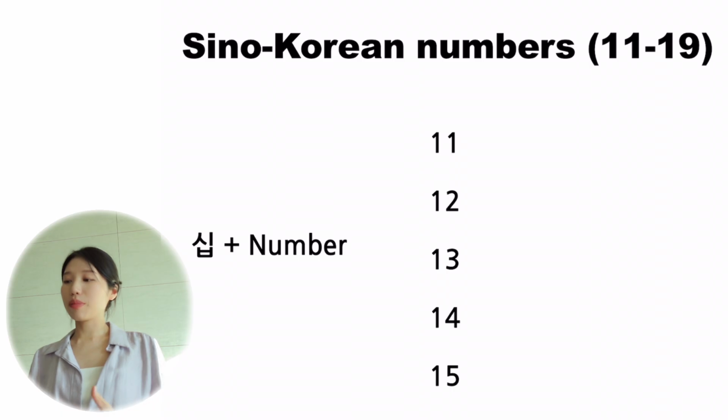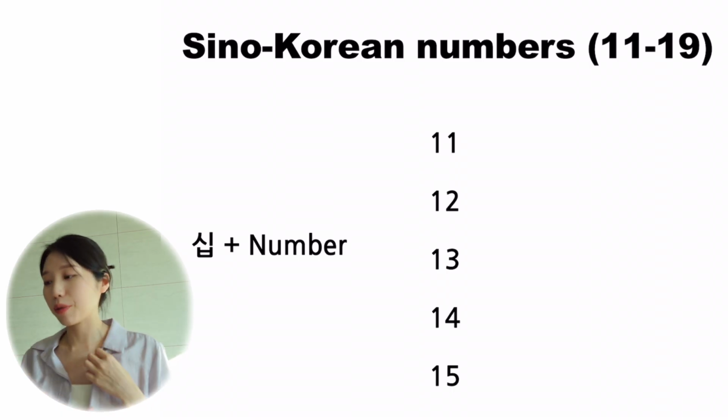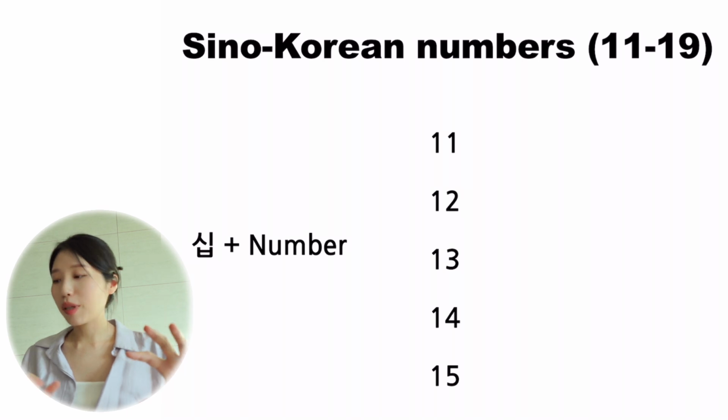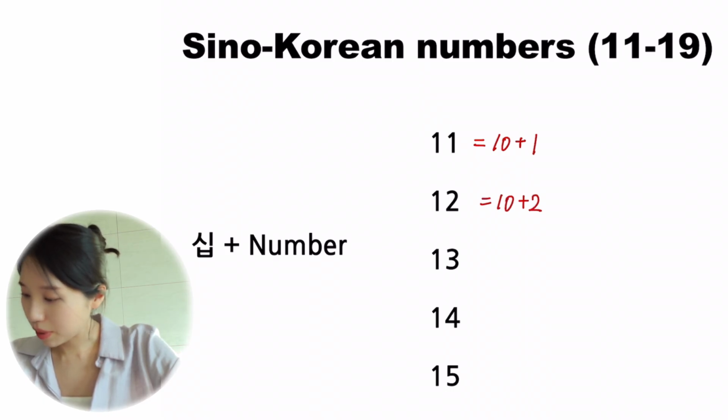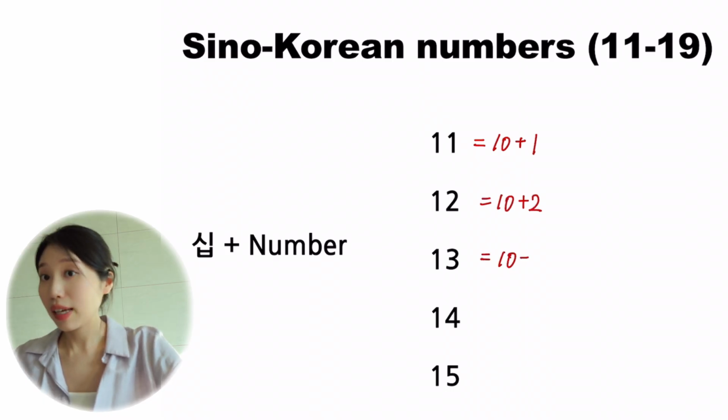So Sino-Korean numbers from 11 to 19 are also combinations, like native Korean numbers. 10 plus 1 is 11, 10 plus 2 is 12, 10 plus 3 is 13, like that.